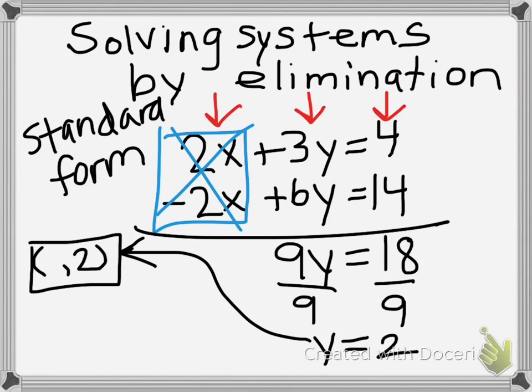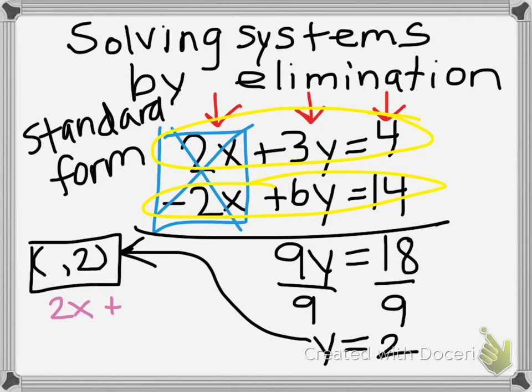It doesn't matter which one you pick, so we can pick this one, that's our first equation, or our second equation. It doesn't matter here, both of them are similar. I'm going to pick the top one because they have slightly lower numbers, so I like that. So we've got 2x plus 3y equals 4, and I'm going to take this y equals 2 and plug it in.